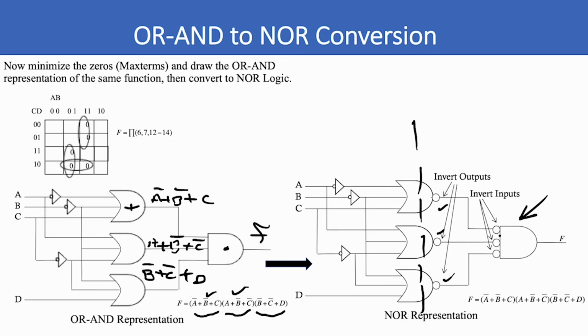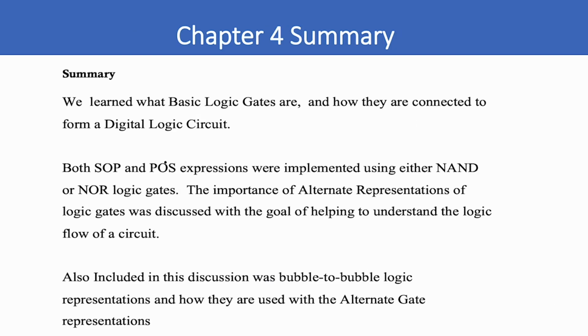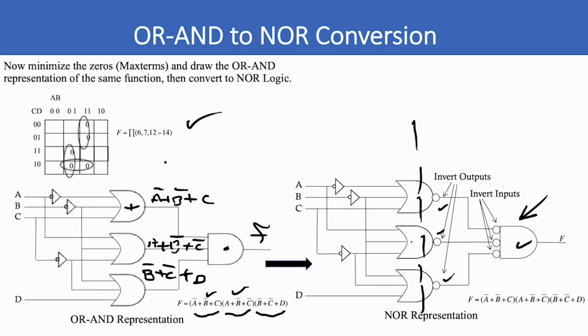You take the 3-input AND gate and you add bubbles to it, and this becomes a NOR gate. Okay, so you have 1, 2, 3, 4 3-input NOR gates and 3 inverters to implement this function right here. Okay, so this is the bubble-to-bubble case for the NOR gate implementation.